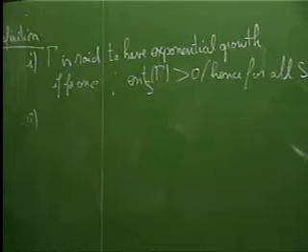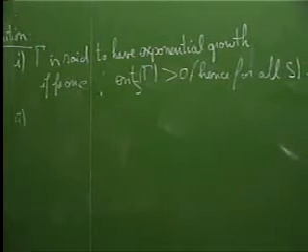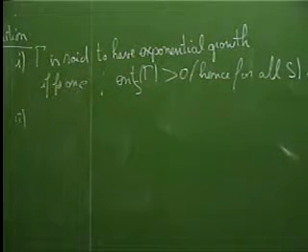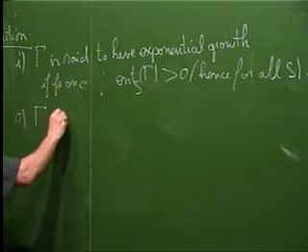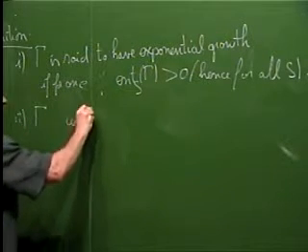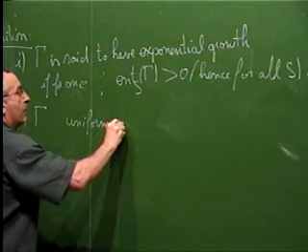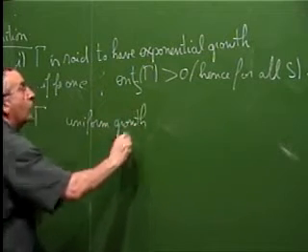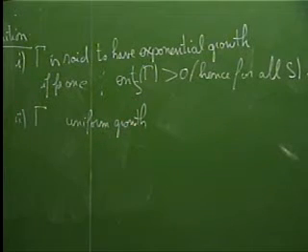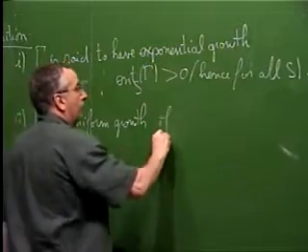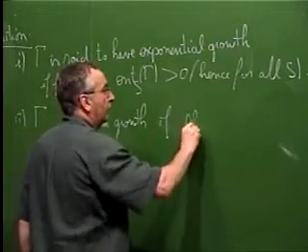And in the title of the lecture, I mentioned uniform growth. So now gamma is said to have uniform growth if the infimum is positive, which is much stronger.